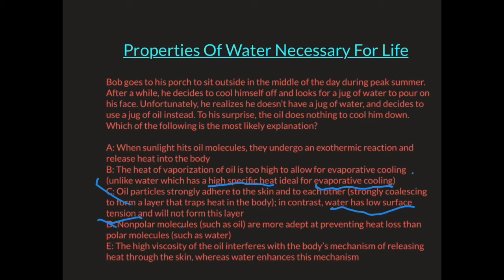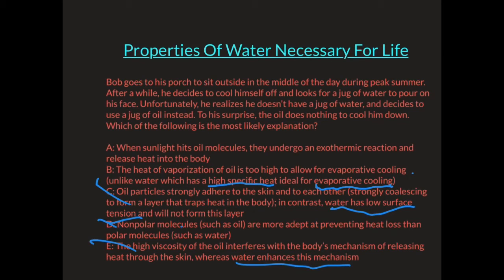It's not like you pour water on yourself and the water signals the body to release more heat. It's just that because of these properties of water, water is able to absorb so much heat from the body, and that's what allows the body to really cool down. So this claim that water enhances this mechanism is wrong, and we can automatically eliminate this.